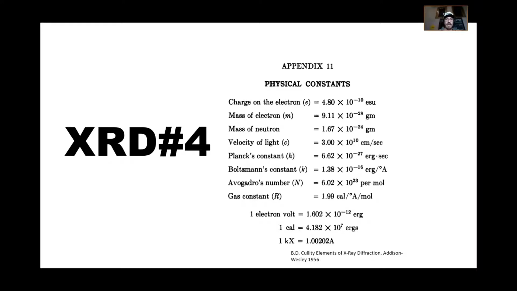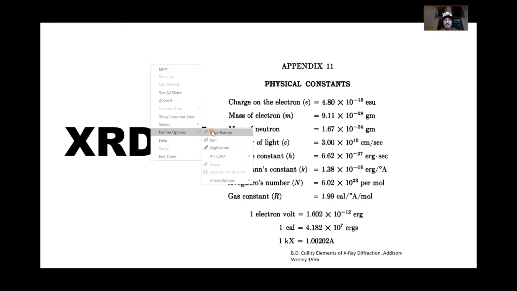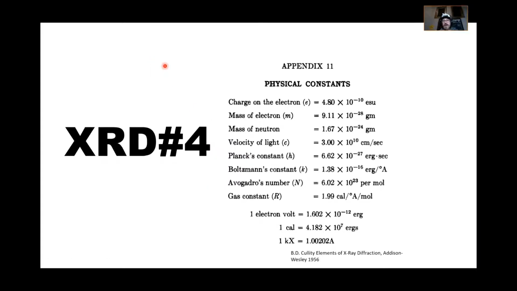I usually start off the lectures with something interesting, a picture or something. The last lecture I started off with a spectra. Today, I'm starting off with an old appendix of physical constants that I got from B.D. Cullity's Elements of X-ray Diffraction from back in 1956.